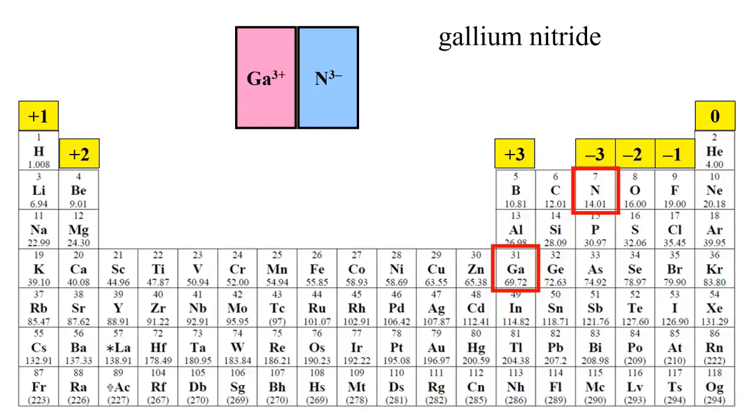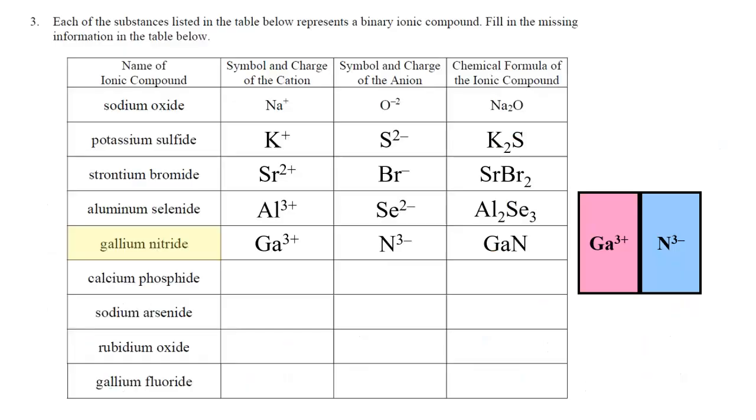So like we saw earlier in this video with magnesium oxide, which was written as MgO because the charge is balanced, all we have to do to write the correct chemical formula for gallium nitride is simply put those two ions together. No numbers, no extra subscripts, just simply GaN, because +3 and -3 already balance each other out. So that is the correct chemical formula for gallium nitride, which is GaN.